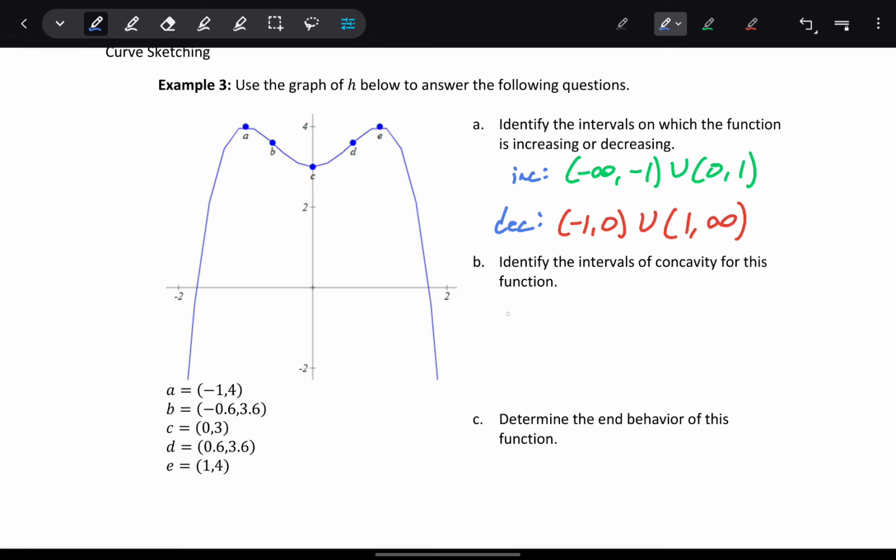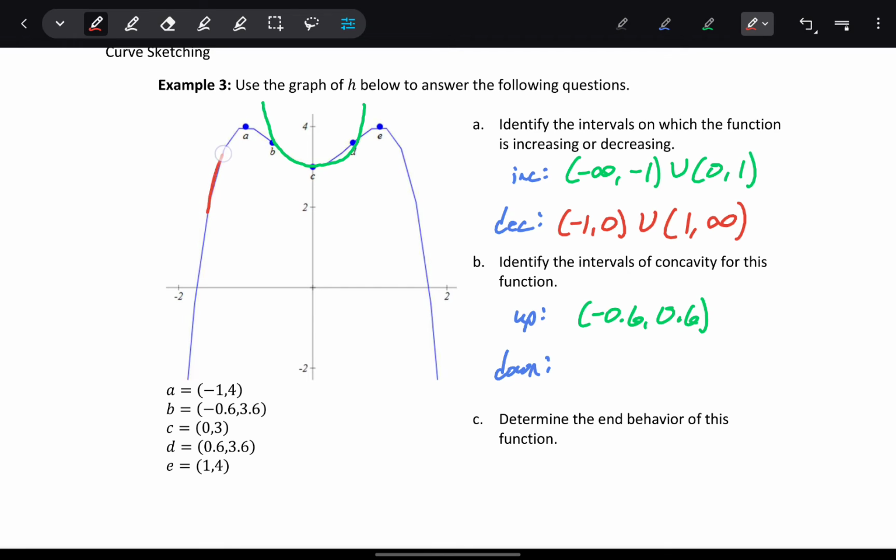In part B, we're interested in concavity, so where our function is concave up and concave down. If we look on the interval from B to D, we can see that our function is making this concave up shape. So we would say from -0.6 to 0.6, our function is concave up.